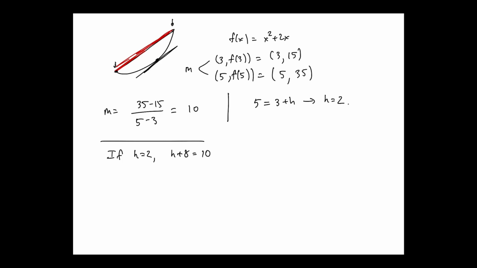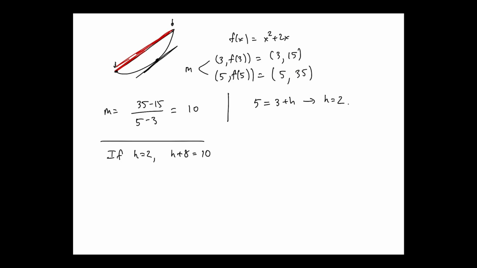So if we were going to do that, we would be plugging in this value of h, and the way we want to think about it is we're going to start at 3 and go however many units over, h units over, to get wherever we want to go.